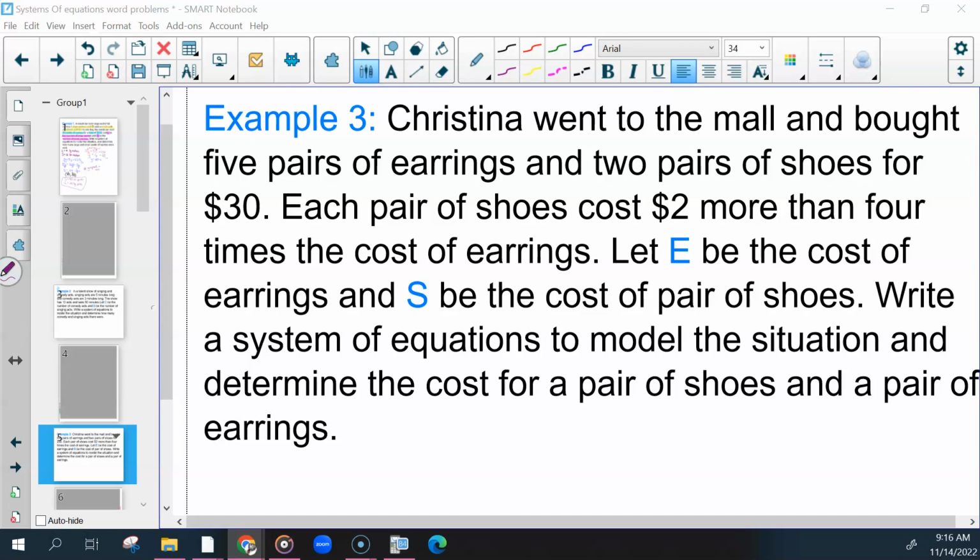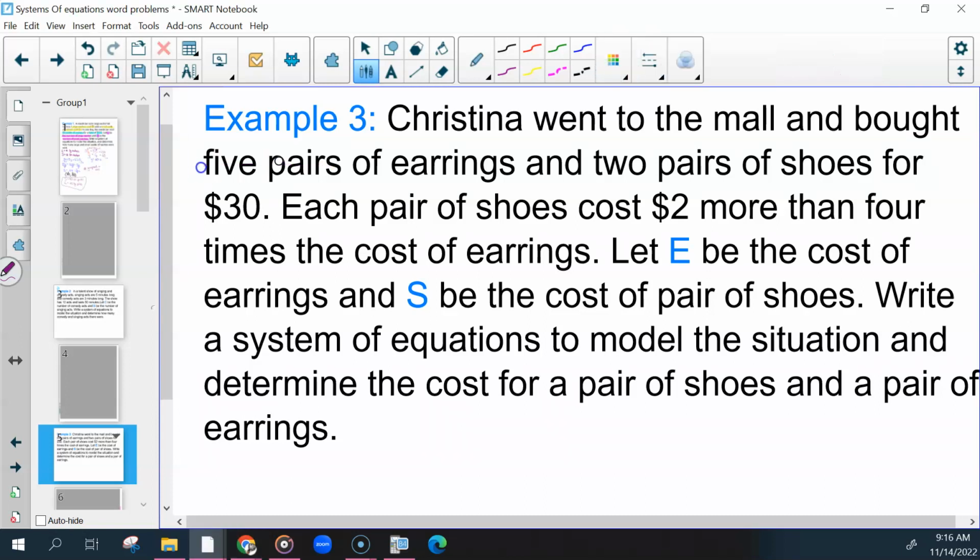Okay. 5 pairs, 2 pairs of shoes for $30. Okay. Anything else? $2 more than 4 times the cost of earrings, and that's the cost of shoes.